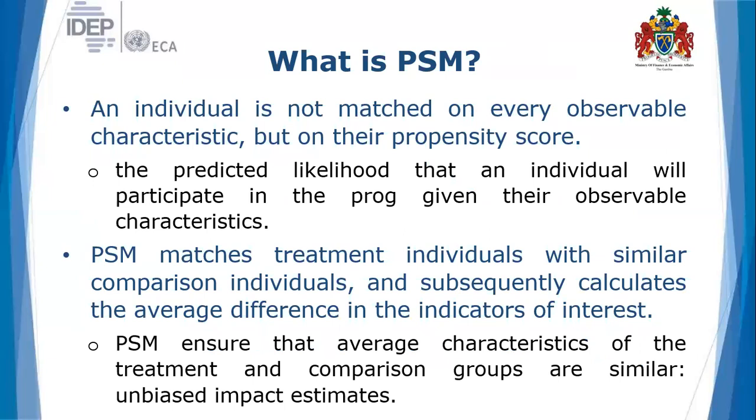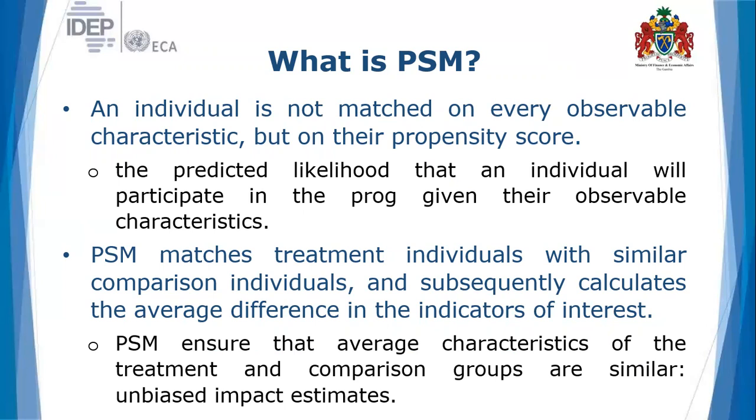So what is propensity score matching? Under propensity score matching technique, an individual is not matched on every observable characteristic, but on their propensity score. A propensity score basically refers to the predicted likelihood that an individual will participate in the program given their observable characteristics.